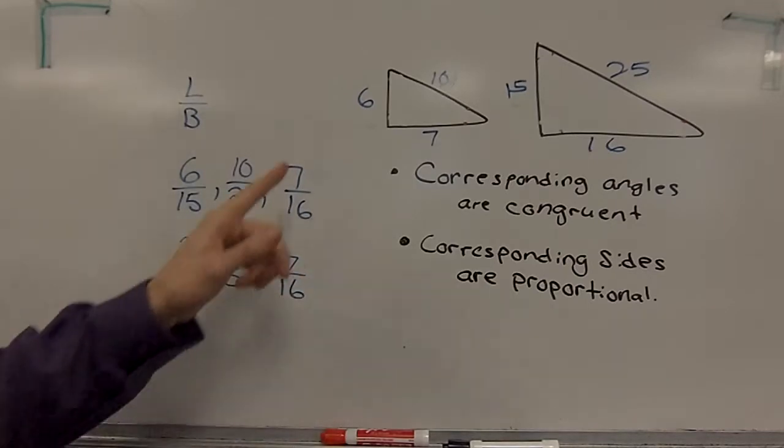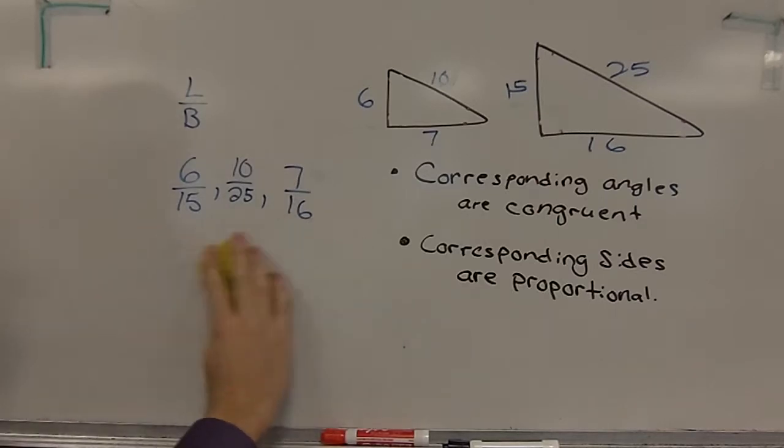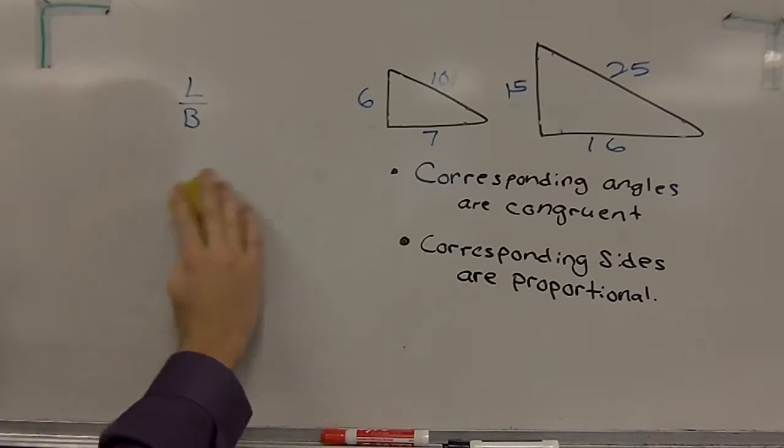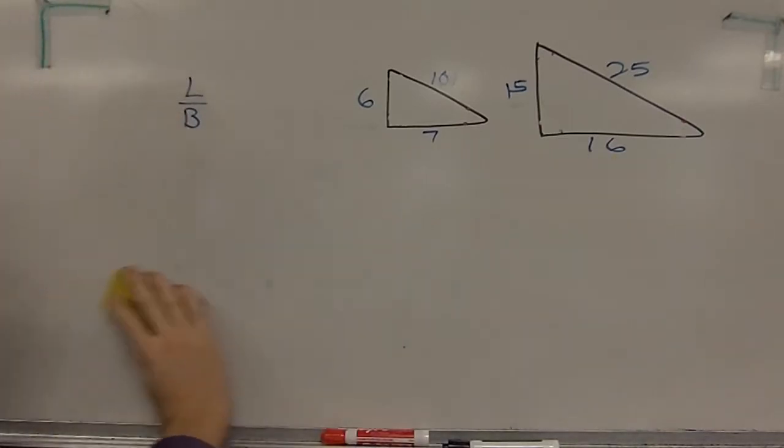Even though 2 of my sides are proportional, the third one is not, so I do not have similar figures. So this one right here is causing me to not have similar triangles. So that's how you test to see, do I in fact have similar figures.